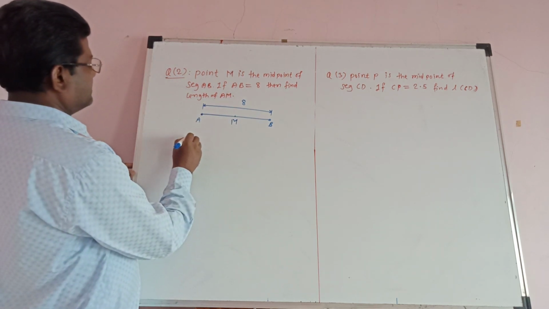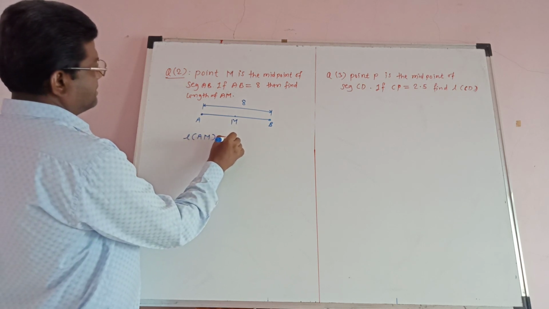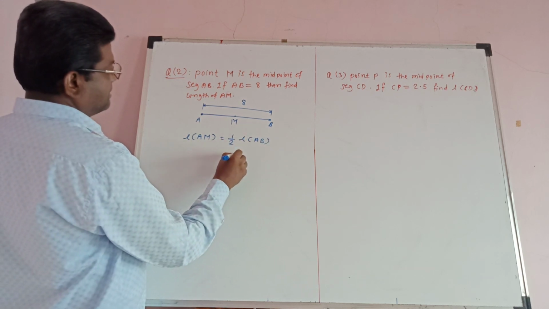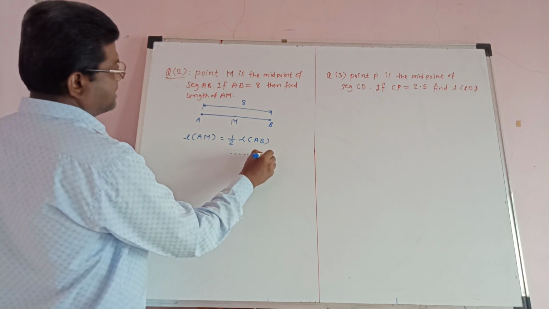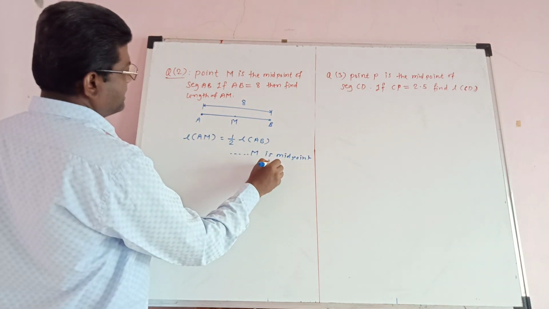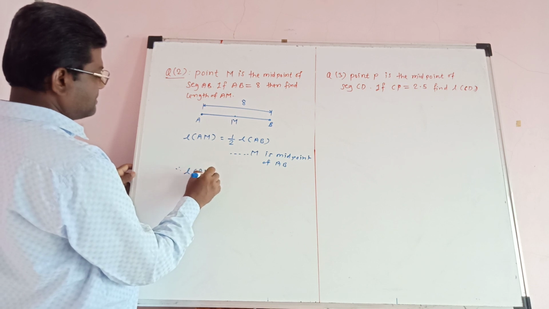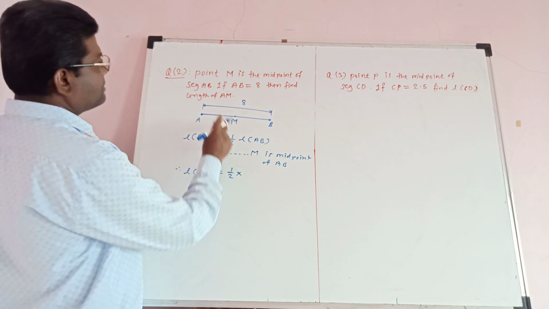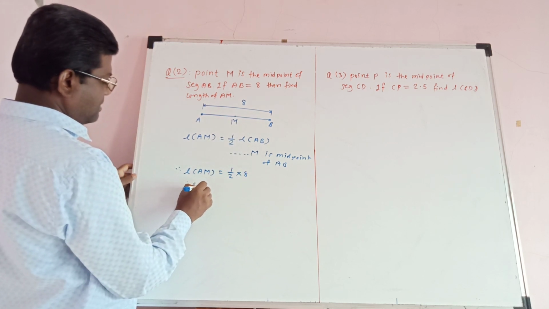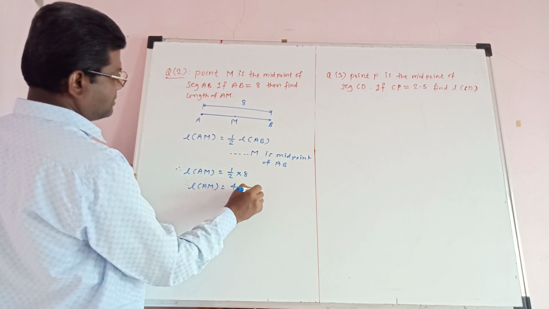So we write length of AM is equal to 1/2 into length of AB. Reason is M is midpoint of AB. Therefore, length of AM is equal to 1/2 into length of AB, which is 8. Therefore, length of AM is equal to 4 units.